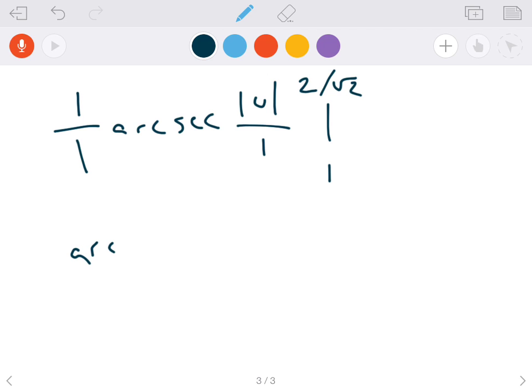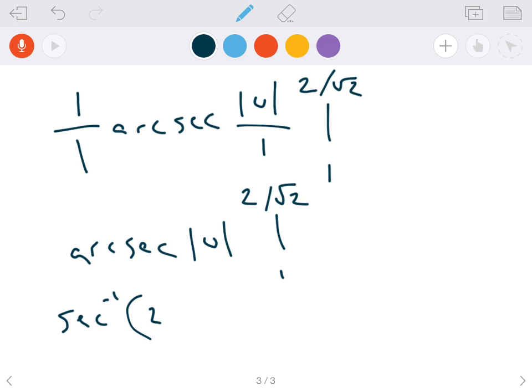I've got the arcsecant of the absolute value of u evaluated from 1 to 2 over the square root of 2. Remember, you can write arcsecant or you can write secant inverse. This is going to be the secant inverse of 2 over the square root of 2 minus the secant inverse of 1.